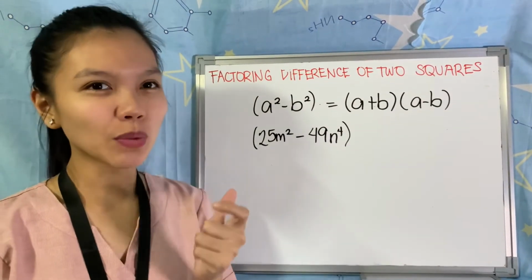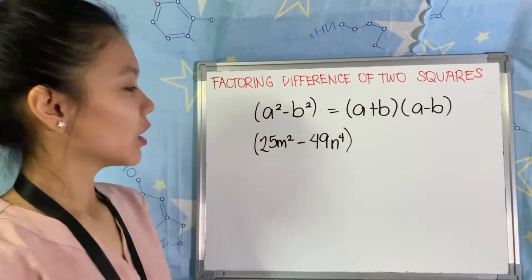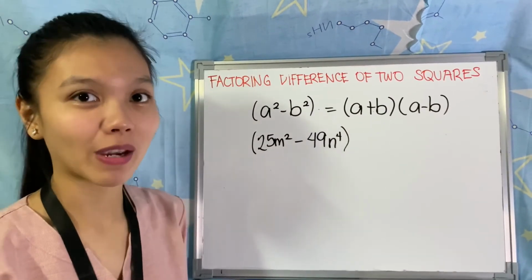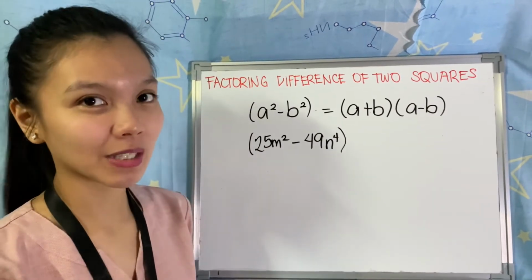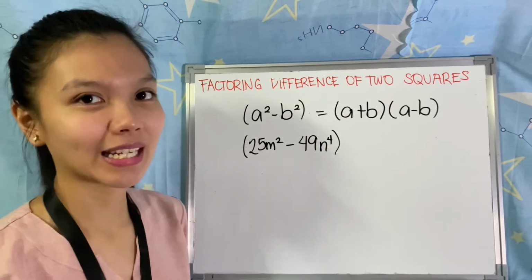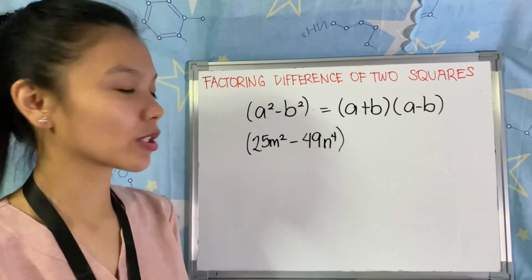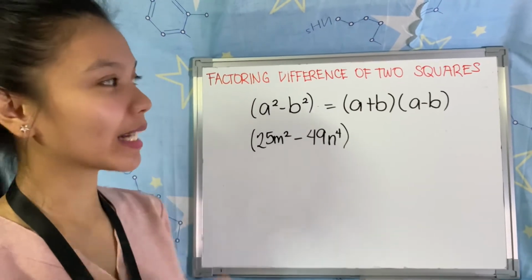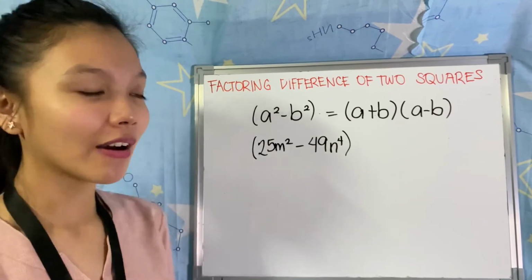Tingnan nyo muna kung perfect square yung first term at yung second term. Is 25 a perfect square? Yes, that is 5 squared or 5 times 5. How about 49? Is 49 a perfect square? Yes, that is 7 squared. So, pwede nating gamitin si difference of two squares sa pagkuha ng kanyang factor.